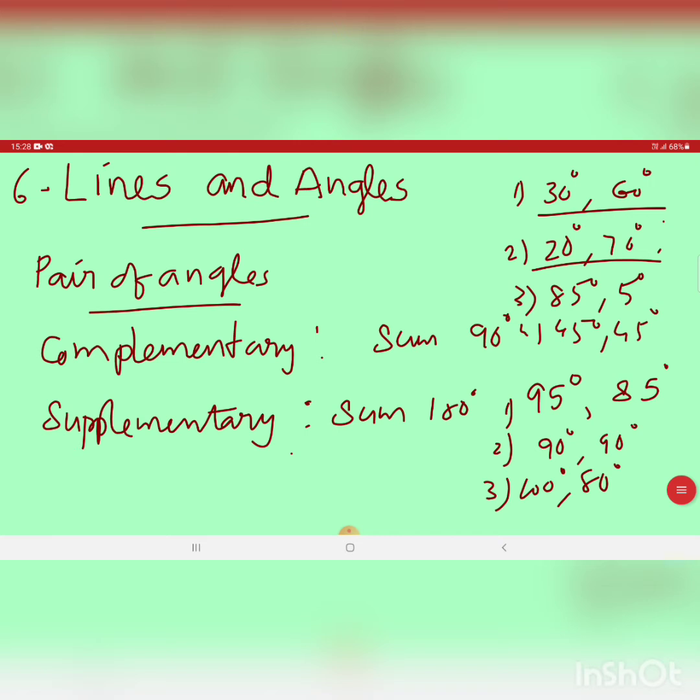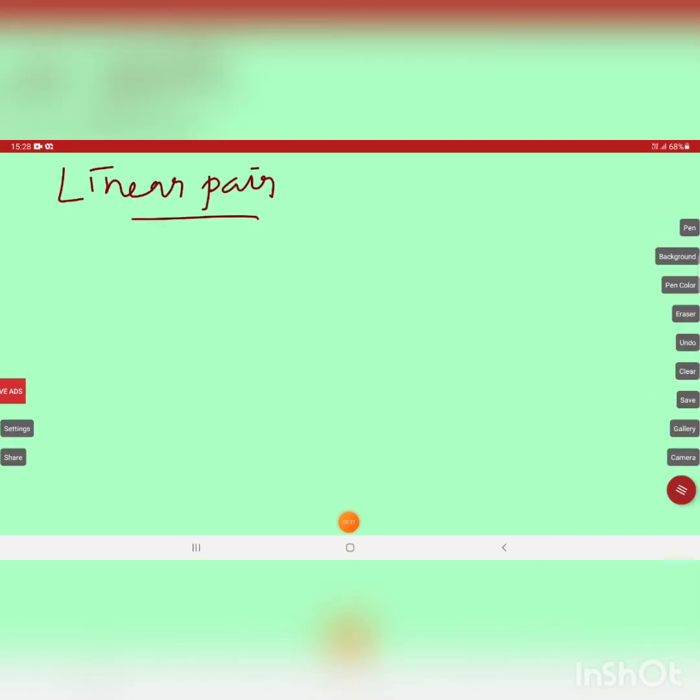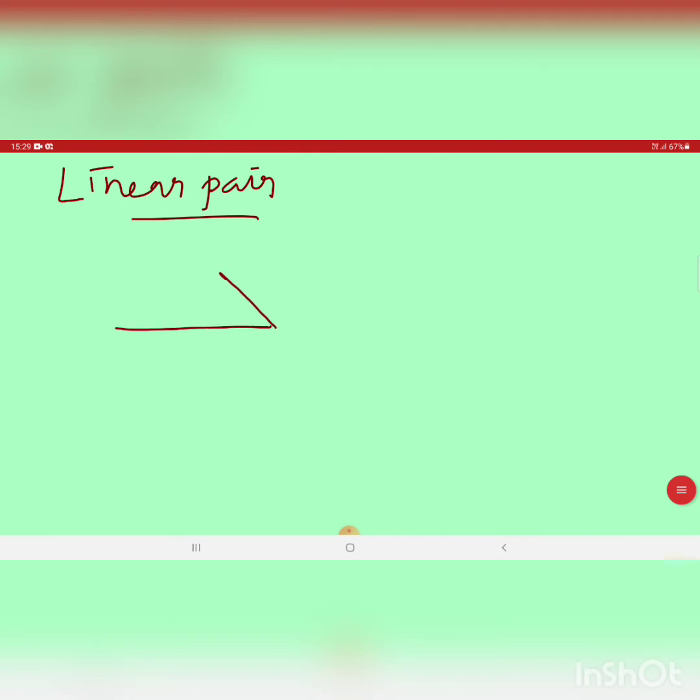Now one more pair you have studied, that is the linear pair. Linear pair means a pair of angles which form a line. That is known as a linear pair. See, suppose we have an angle of measurement 60 degrees.